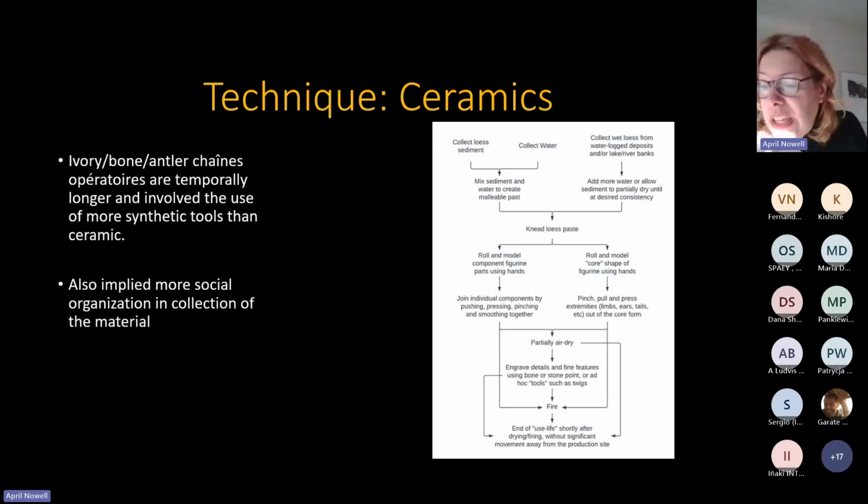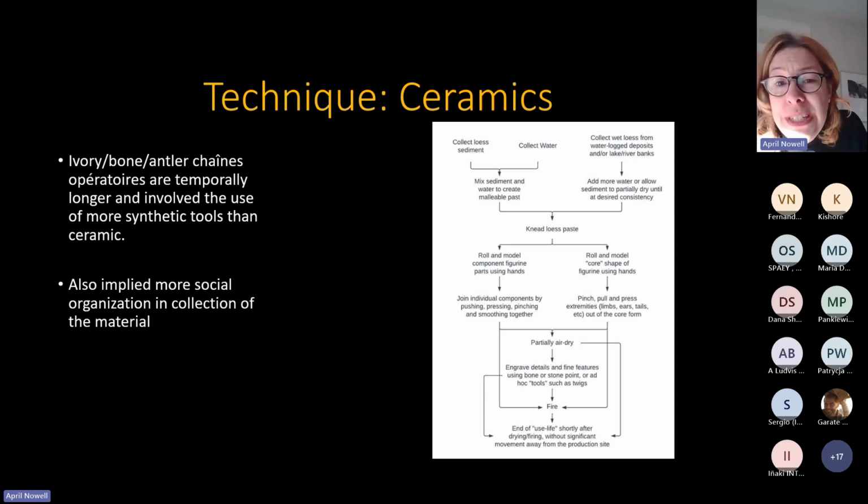But when we look at the chaîne opératoire for ceramics, what we see is that they're using sediment. Sediment that's part of the site itself is being collected locally and very expediently.